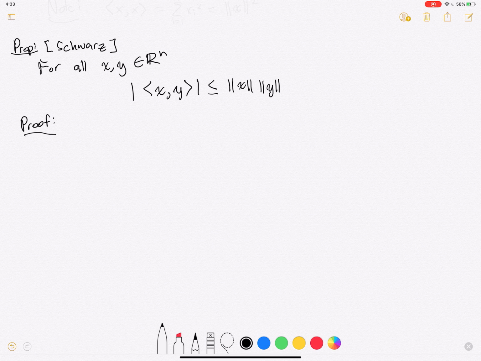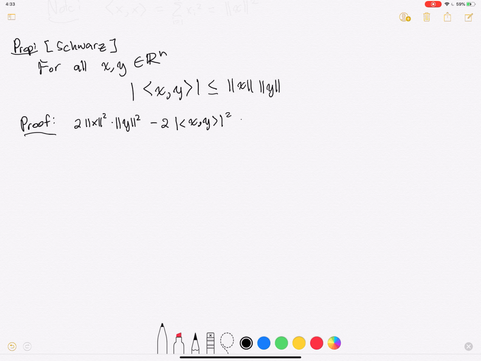I'm going to write smaller just so I can fit it in. So 2 times the squared norm of x times the squared norm of y, minus 2 times the inner product of x, y squared.